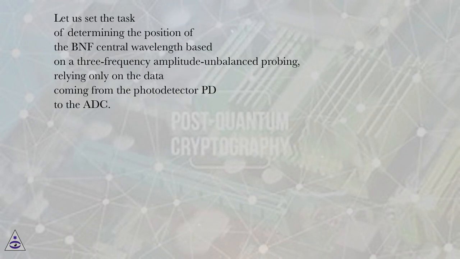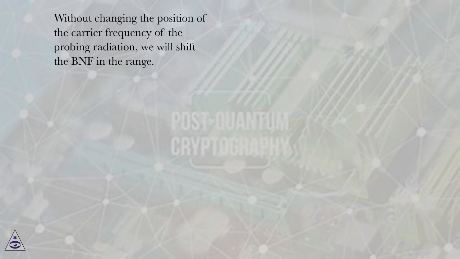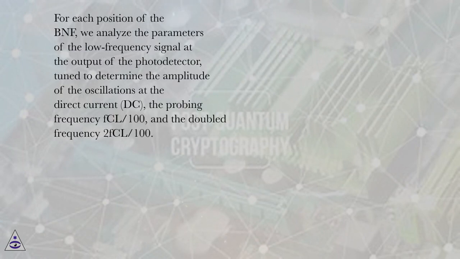Let us set the task of determining the position of the BNF central wavelength based on a 3-frequency amplitude unbalanced probing, relying only on the data coming from the photodetector PD to the ADC. Without changing the position of the carrier frequency of the probing radiation, we will shift the BNF in the range. For each position of the BNF, we analyze the parameters of the low-frequency signal at the output of the photodetector, tuned to determine the amplitude of the oscillations at the direct current, DC, the probing frequency FCL/100, and the doubled frequency 2 FCL/100.